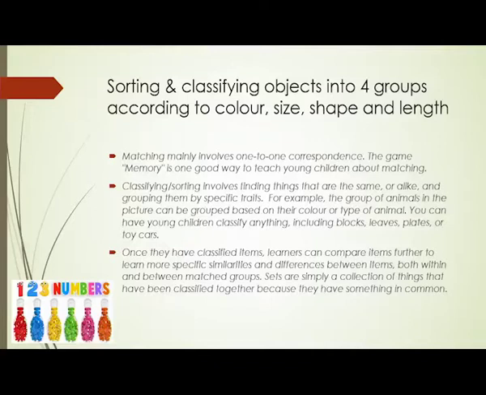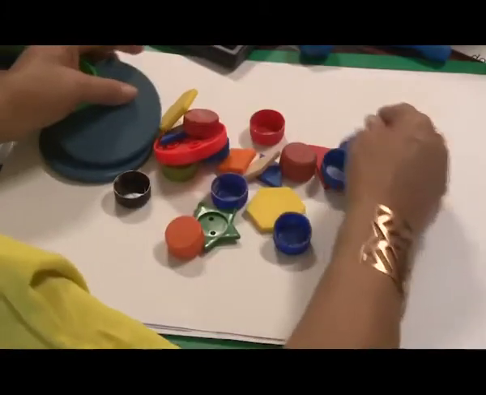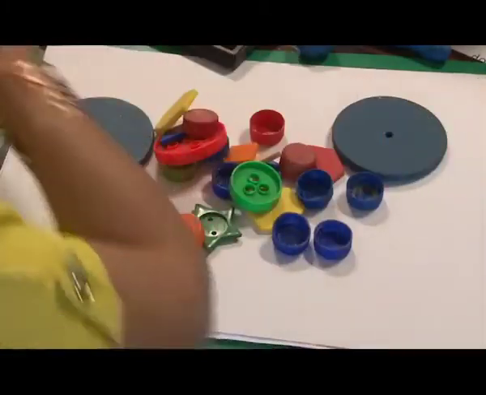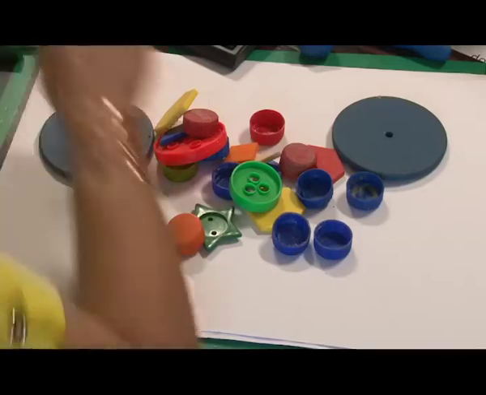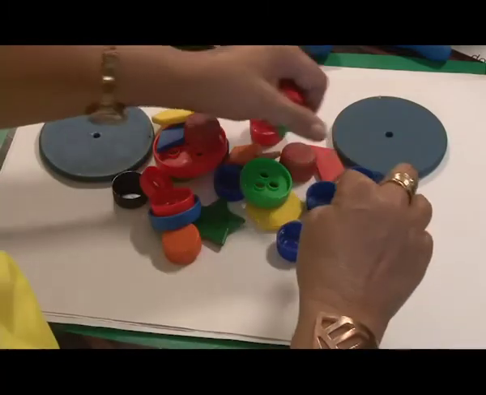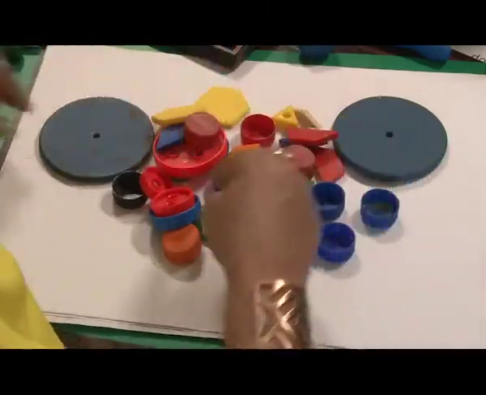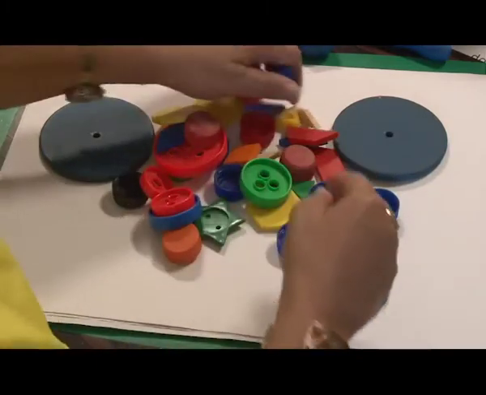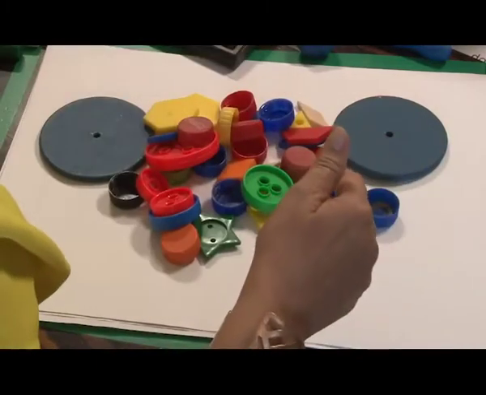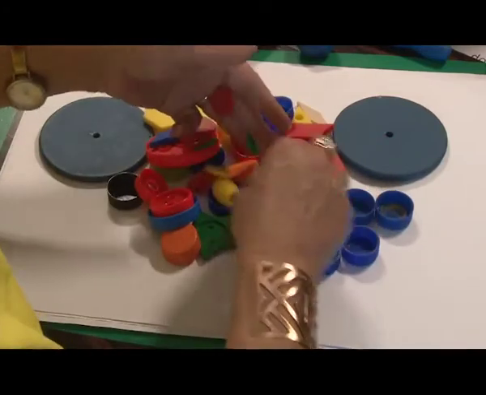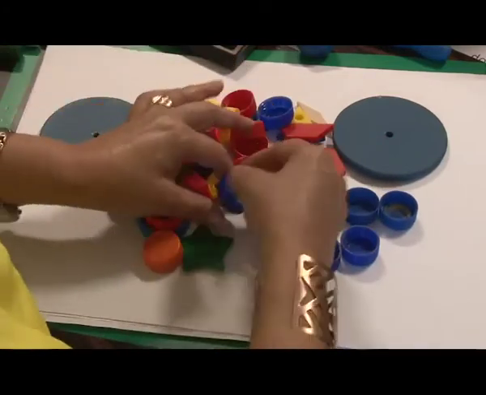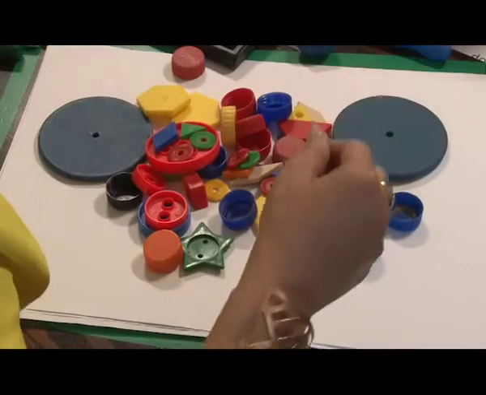What I have here are different shapes, different objects of different sizes. So I can have any object. If you can see here, I have even collected some bottle caps. So I can give the learner any kind of object that I can get my hands on.